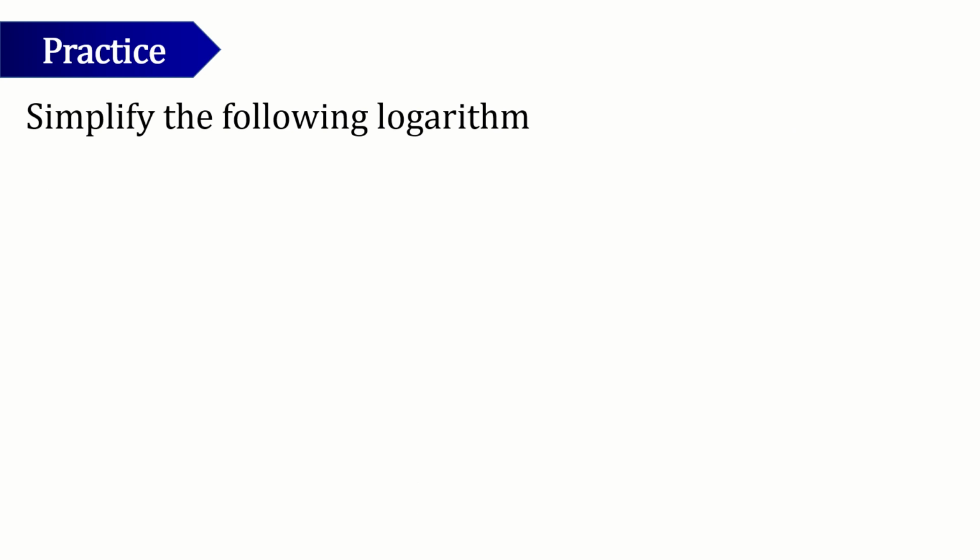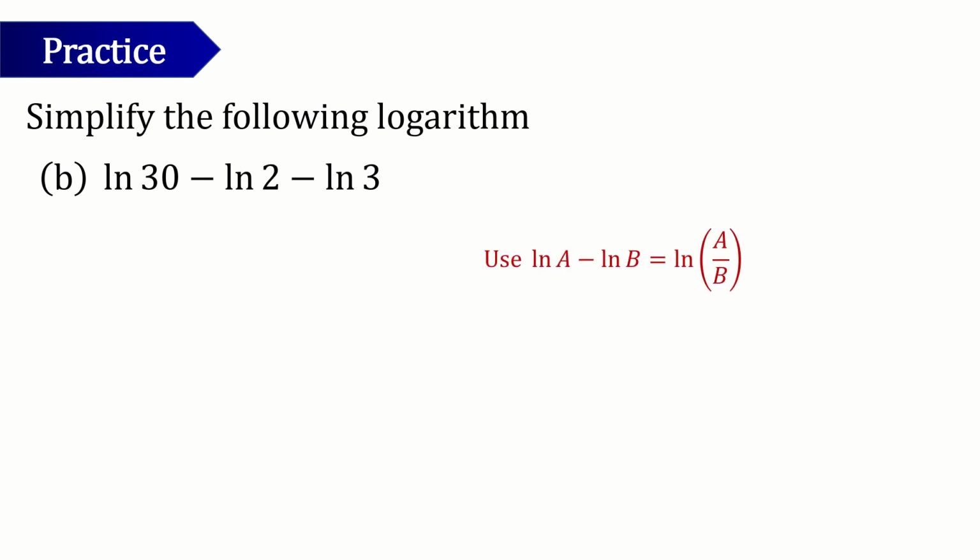Second example: ln 30 minus ln 2 minus ln 3. For this question, you can do it all together simultaneously, or you can do it part by part. Here we do step by step.